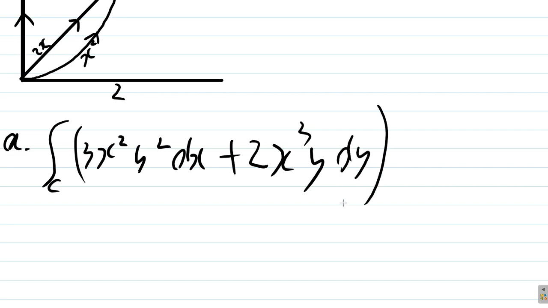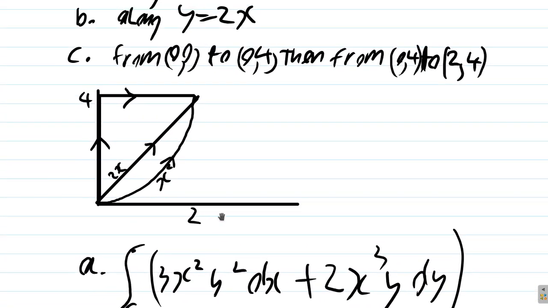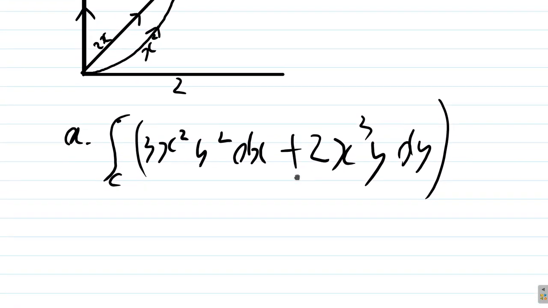And remember that in the previous video I showed this to be an exact differential. Alright. So I expect that regardless of the route that you take, you should get the same results.